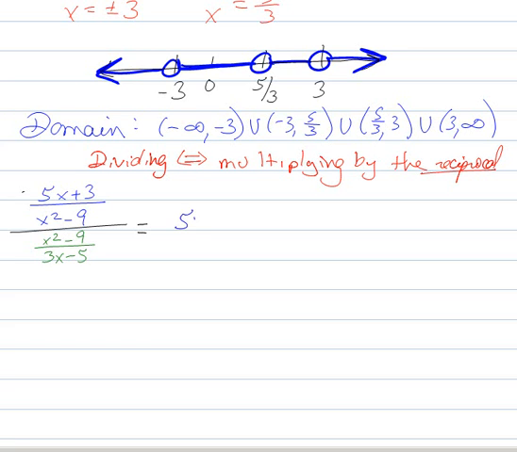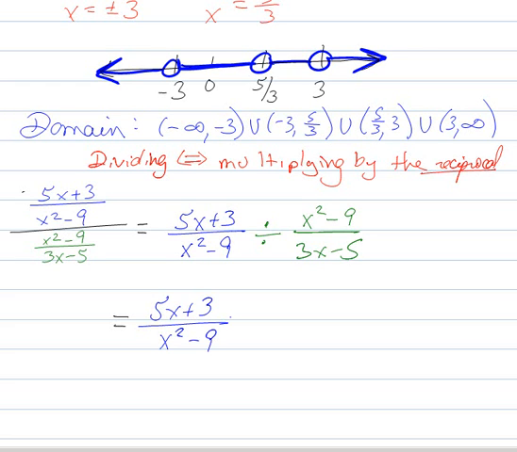So if we want to go (5x plus 3) over that, divided by (x squared minus 9) over (3x minus 5), that's the same thing as this. Instead of dividing, we're going to multiply by the reciprocal. This only worked because this was our big division sign here.